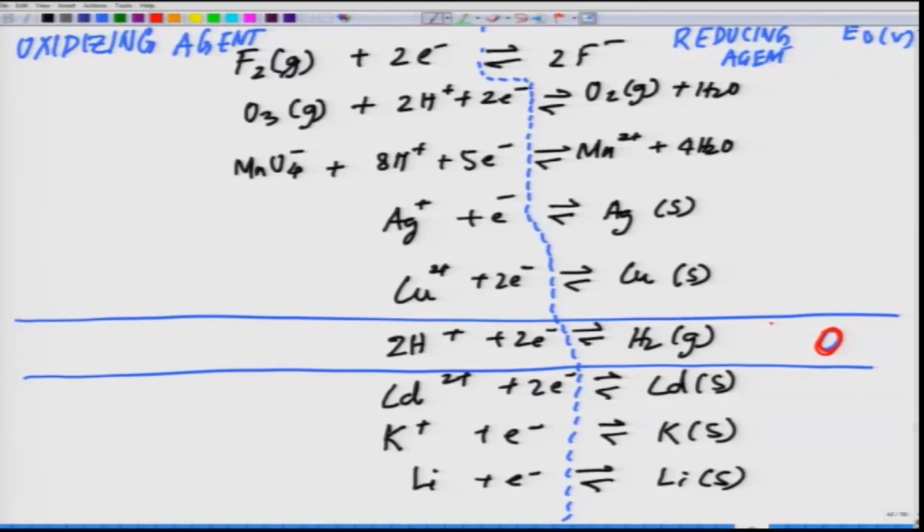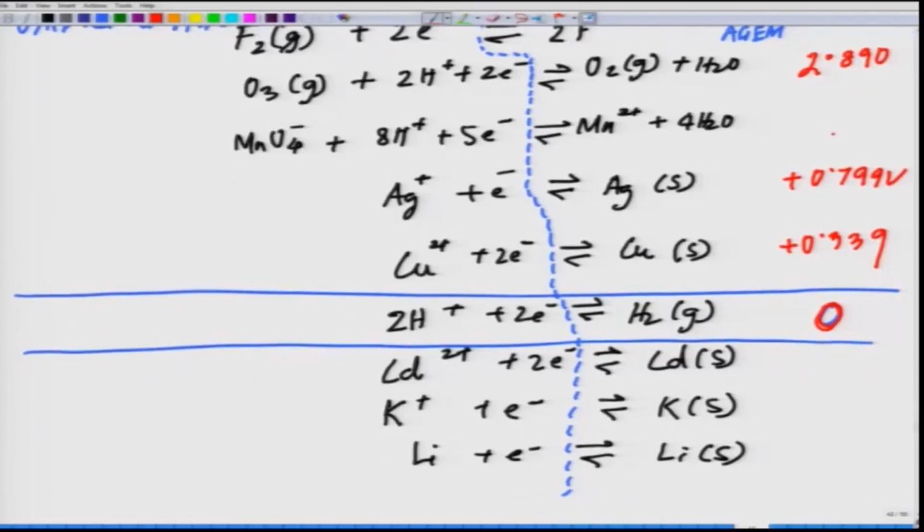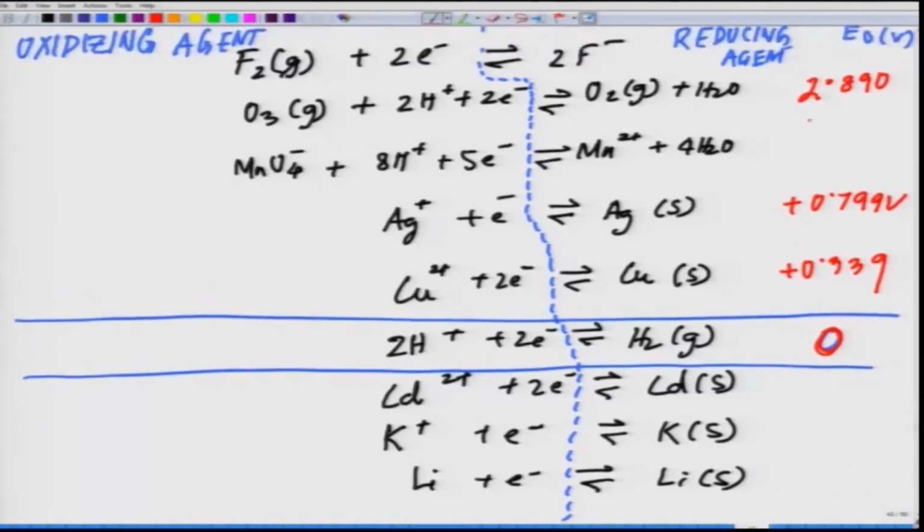Now you remember for silver it was positive 0.799 volt. Copper is plus 0.339. For fluorine, it is 2.890, and these are all experimentally determined values.